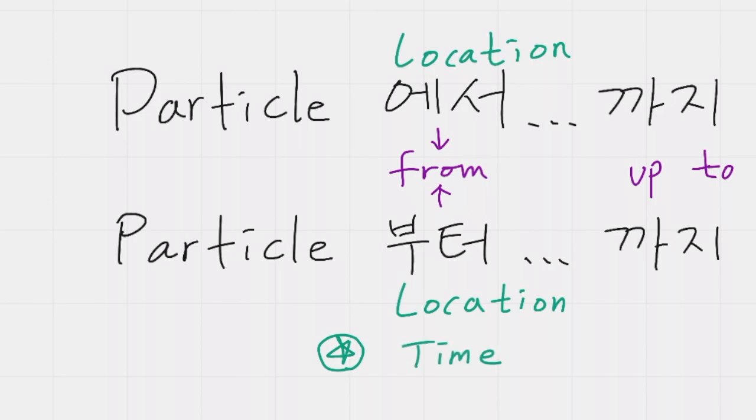So now we'll do an example. From Seoul to Boston. So let's just use a complete sentence. I'm going from Seoul to Boston. So first thing, the verb 가다, right? And present tense, pretty easy.